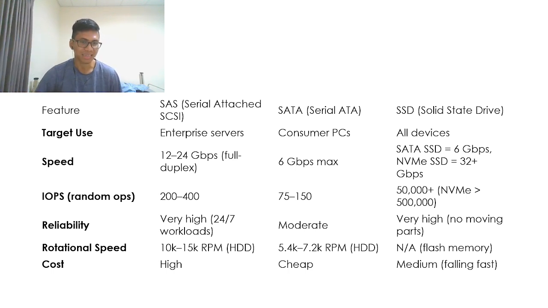Now, this is why having no moving part is really good and gives good reliability. SSD itself has SATA SSD that is limited to 6 gigabits per second, but we also have the NVMe SSD that can be up to 32 gigabits per second.